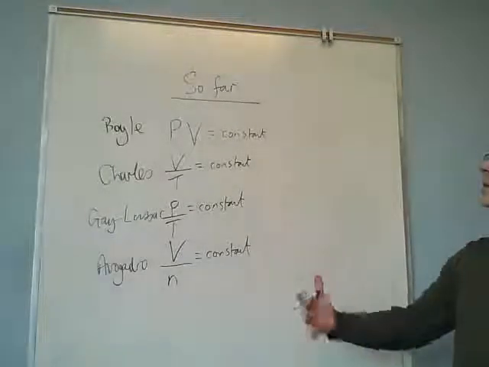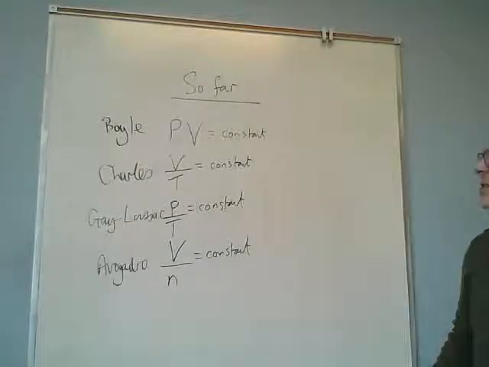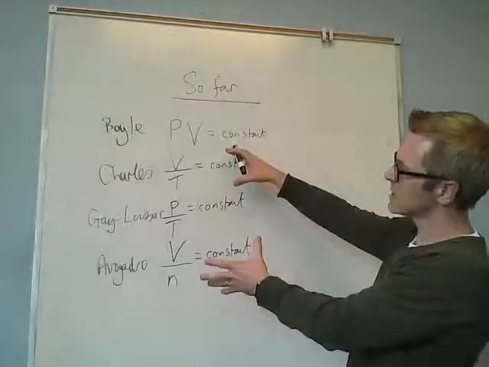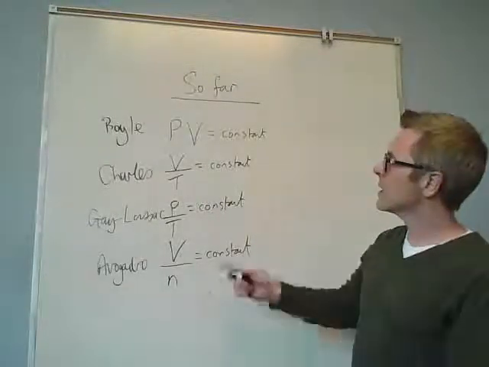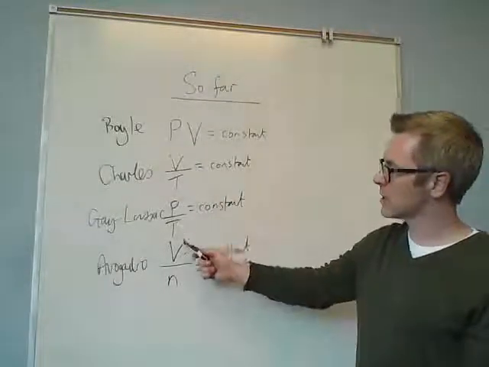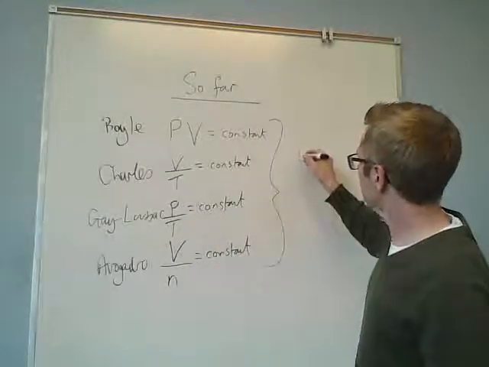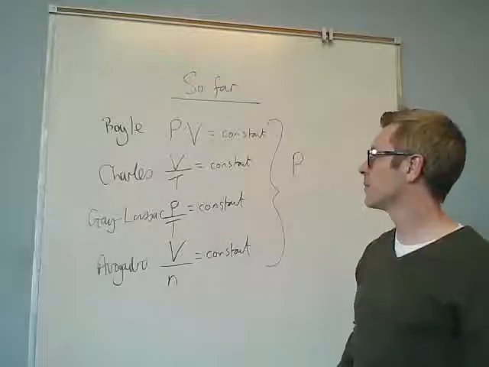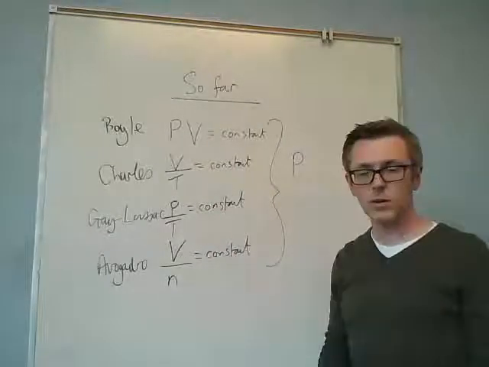Remember, they all came from the ideal gas equation. So historically, these were discovered, and then it was noticed how they could combine together. You notice pressure is always a numerator where it's found. Wherever it's located, volume is also a numerator.